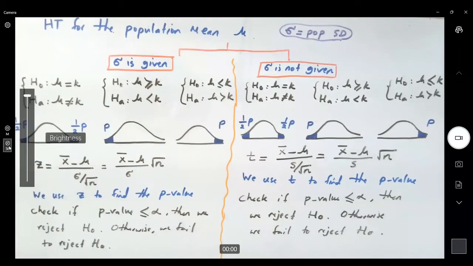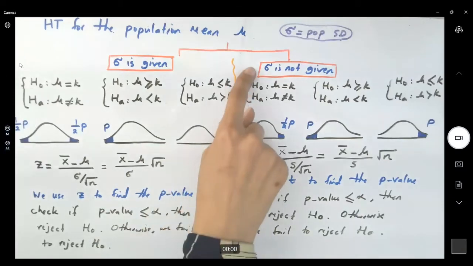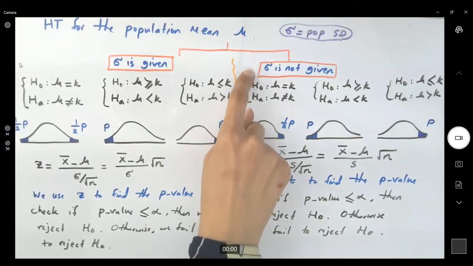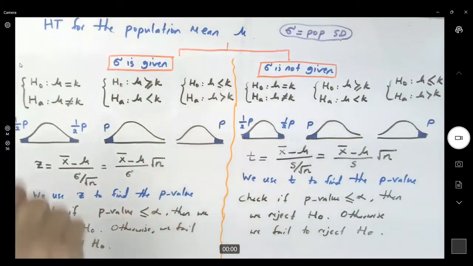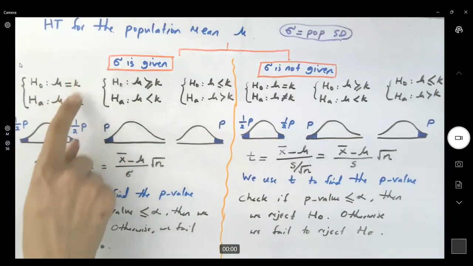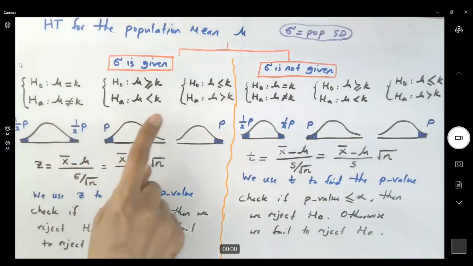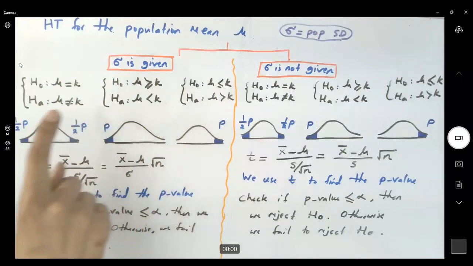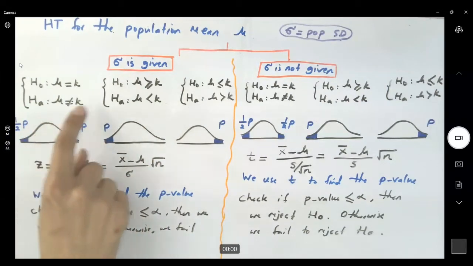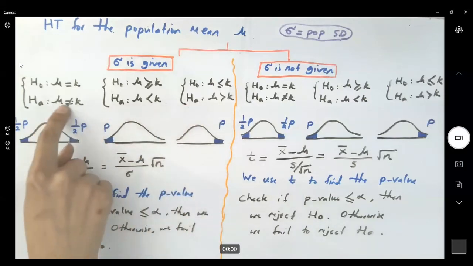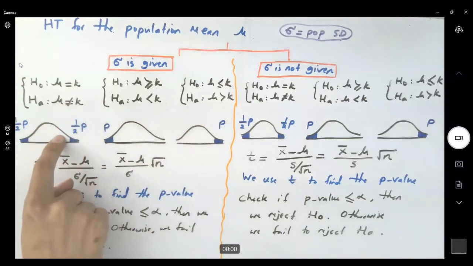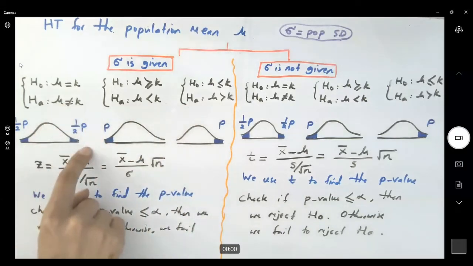Now we are introducing hypothesis testing for population mean when sigma is not given. Previously, when sigma was given, we divided up the null and alternative hypothesis into three different scenarios. To each scenario, we associate one graph.